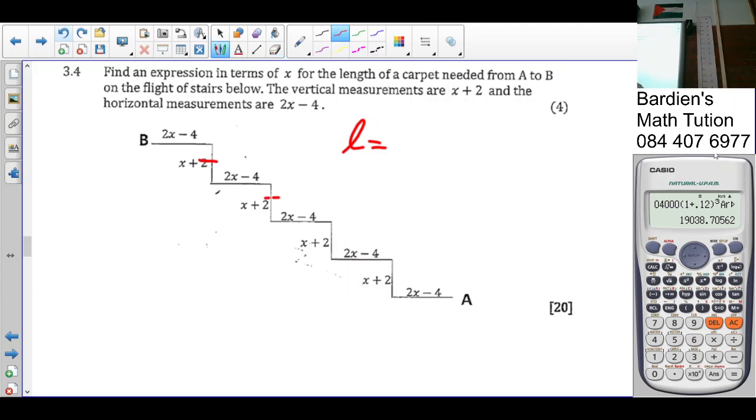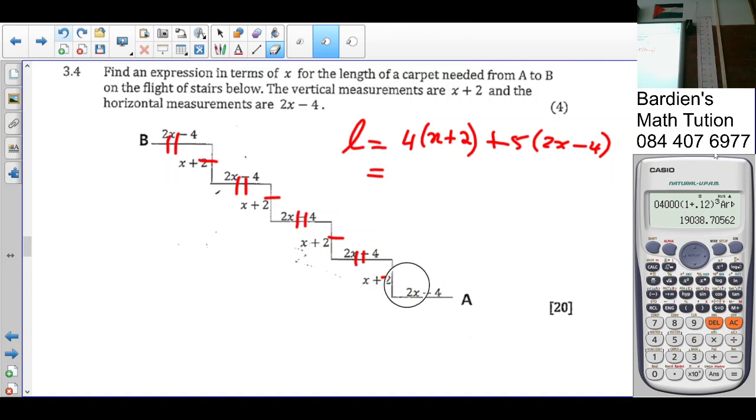There are 4 x plus 2's, so it's 4 times (x plus 2). How many 2x minus 4's are there? 1, 2, 3, 4, 5. So it's 5 times (2x minus 4). Can you see? Instead of having that long sum, we just do it like this.